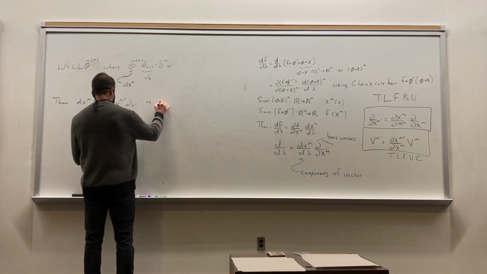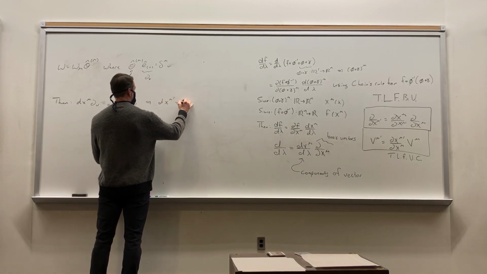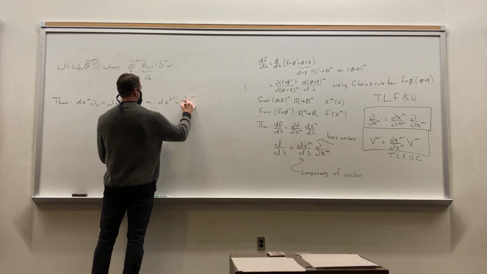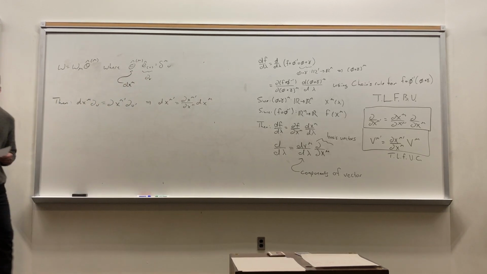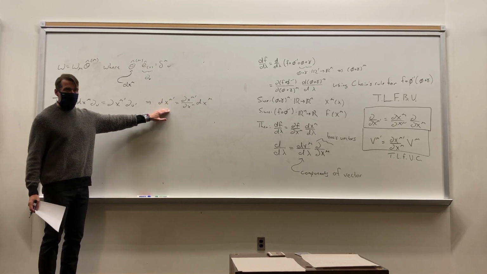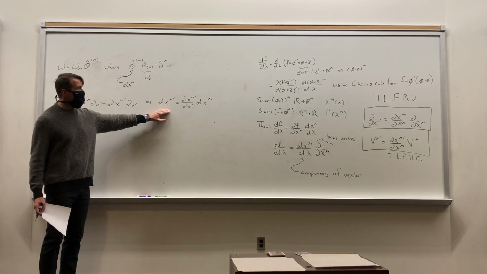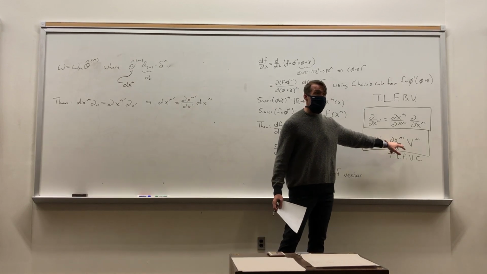But this tells me that the basis dual vector should transform as follows: dx mu prime, dx mu, dx mu. That is, the basis dual vectors should transform exactly like vector components.